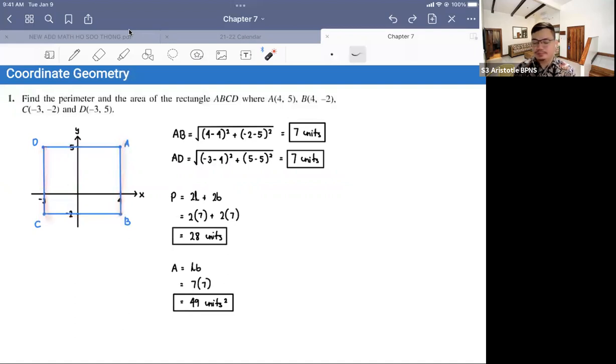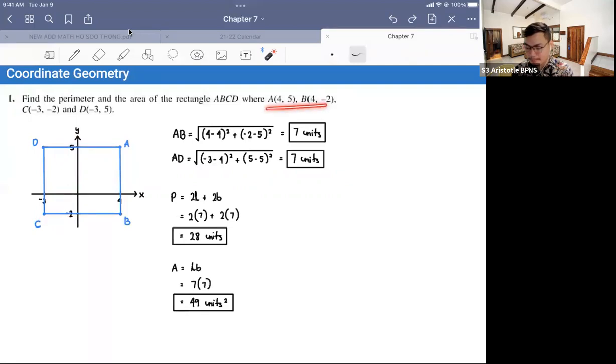Now, when you solve this, you'll notice something. It's not a rectangle, it's a square, right? Because you'll get 7 units for AB, and also 7 units for AD. But let me double check.